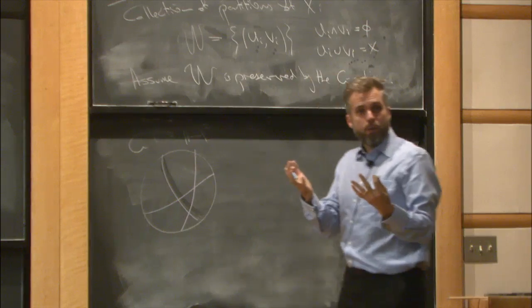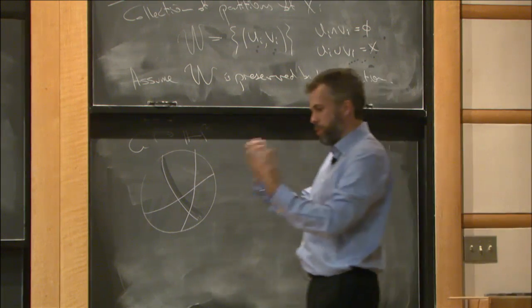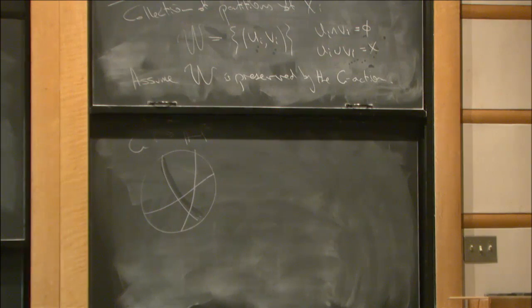If I have 3 collections where I can independently change any one of them for the 8 possibilities, and they're all allowed as ultrafilters, then I have the 2 skeleton of a 3 cube, and I glue in the 3 cube as well. So I make this a flag cube complex, if you like. Every time I see the n-1 skeleton of an n cube, I glue in that n cube.